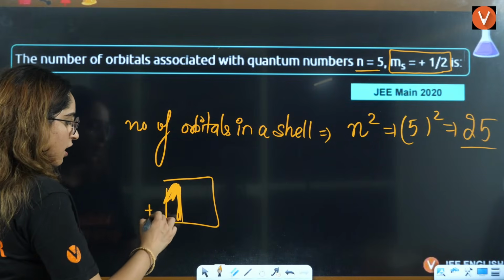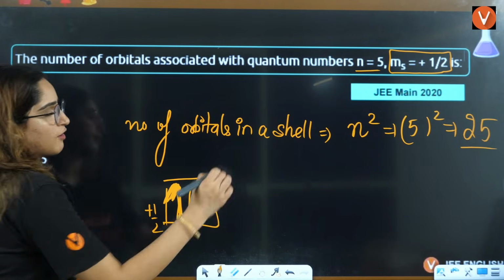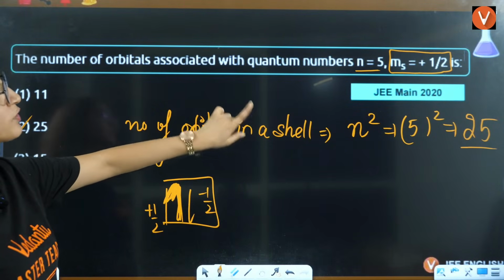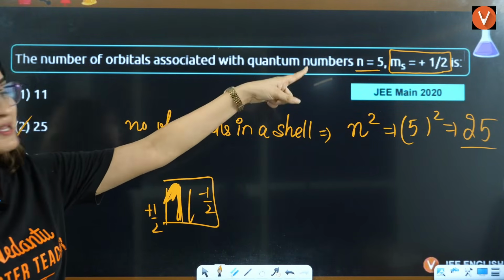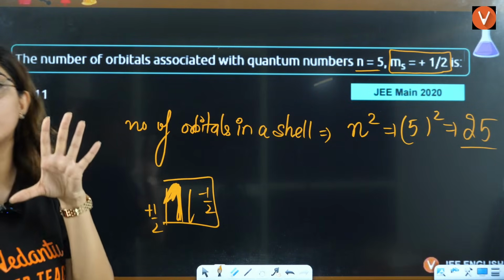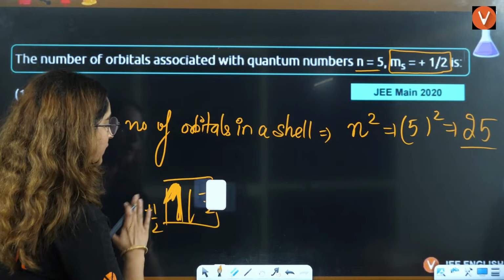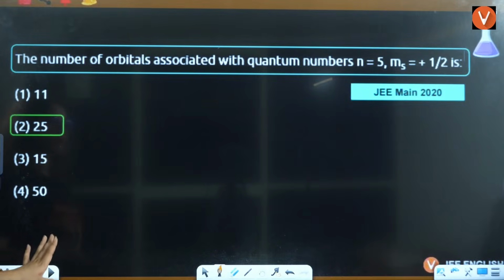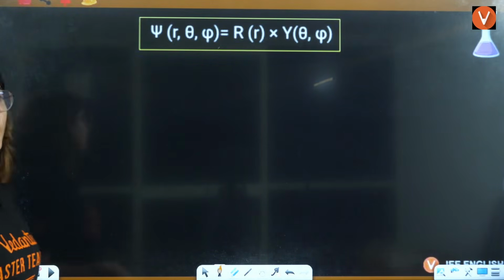One is plus half, other is minus half. If they are asking you the orbitals associated with quantum numbers where ms is plus half, that means they are asking you the orbitals only, right? So answer will be 25. So answer will be 2 is the correct answer. That is your JEE 2020 question.